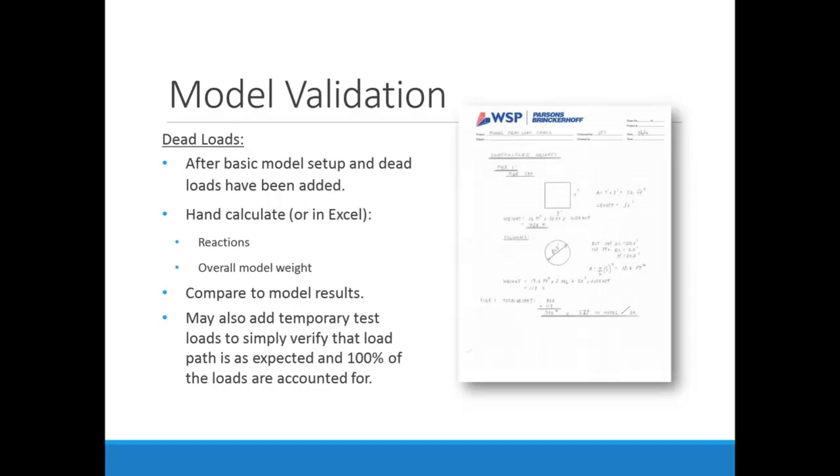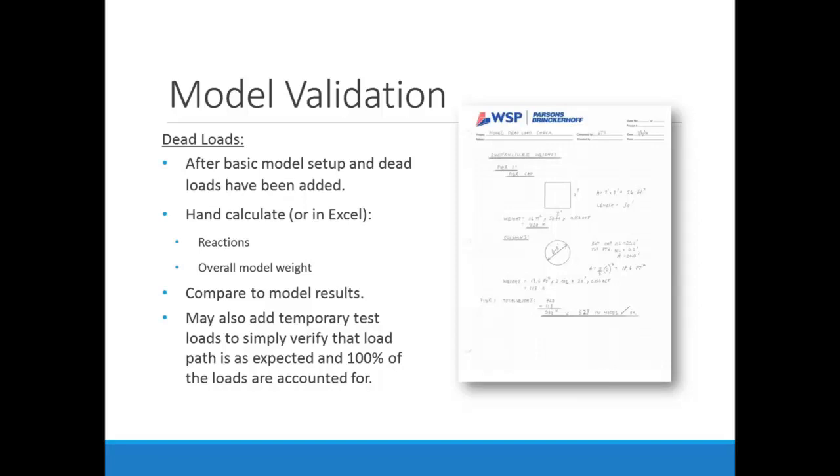I'll go into a little more detail about model validation and things that you can do depending on loading type. We'll start off with dead loads. Usually it's a good idea to validate your model under dead loading as a first step, because the results are fairly simple and it's easy to trace the load path.